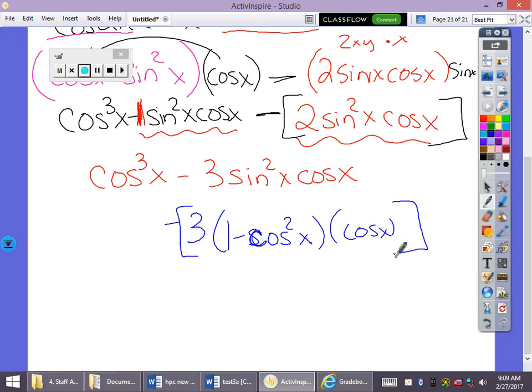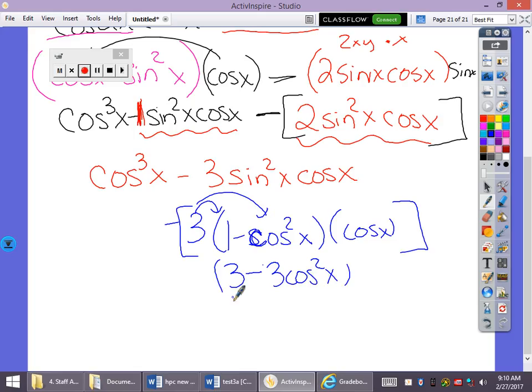Now this one's going to be a big one. It's going to take a little time. I am first going to distribute the 3. What do I get? 3 minus, oh, so close. 3 minus 3 cosine squared x.